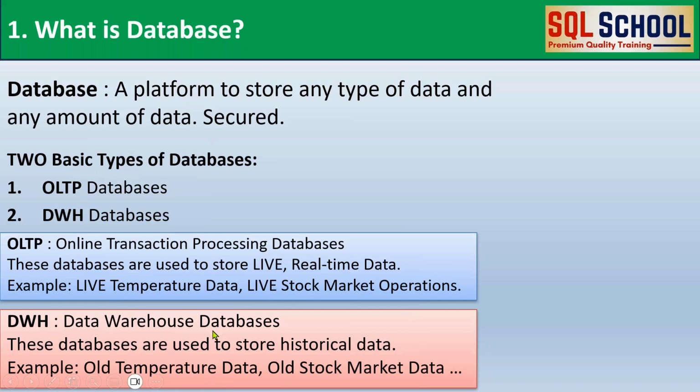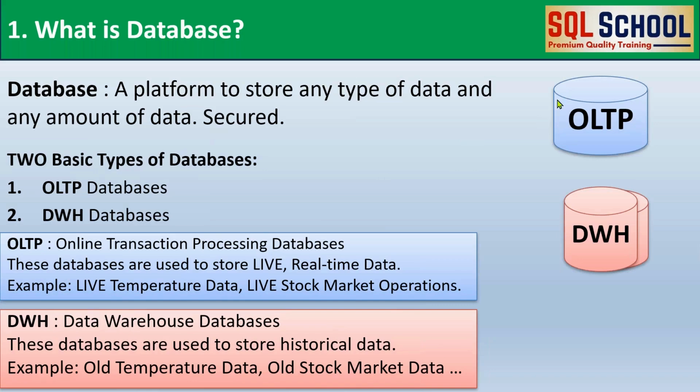Data warehouse stores historical data, old temperature data, old stock market data, anything old. I repeat, live real-time is OLTP, and history is the data warehouse, historical data.